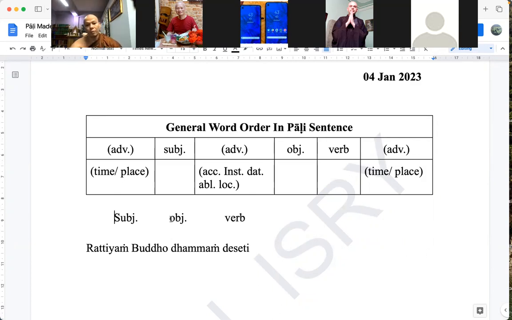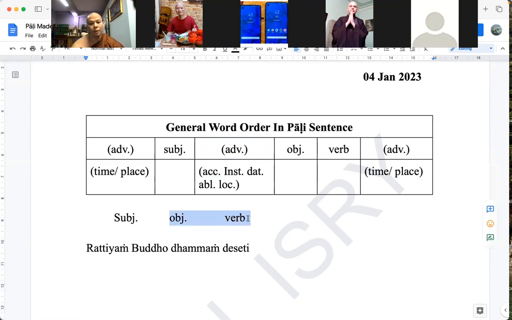Now, basically, the order in the sentence is subject, object, verb. The object is immediately before the verb. Some adverbs can be found with the accusative case, so do not confuse an adverb with the object. The object is surely immediately before the main verb.